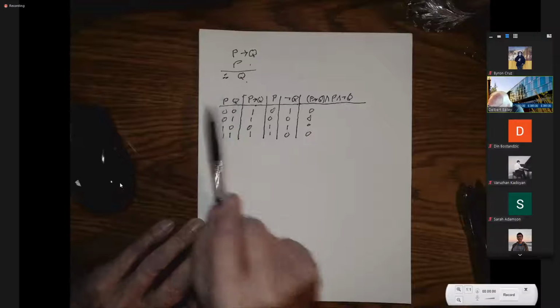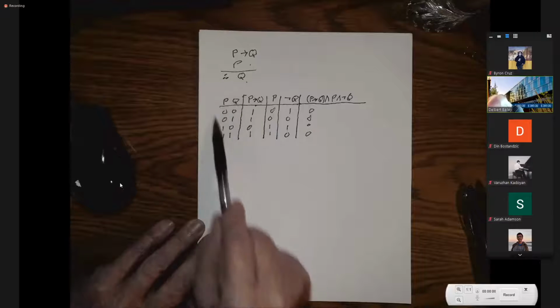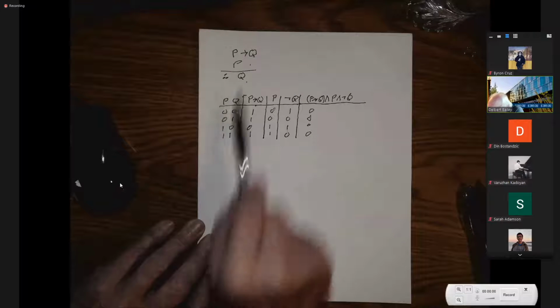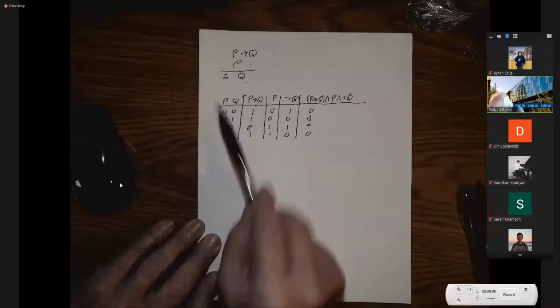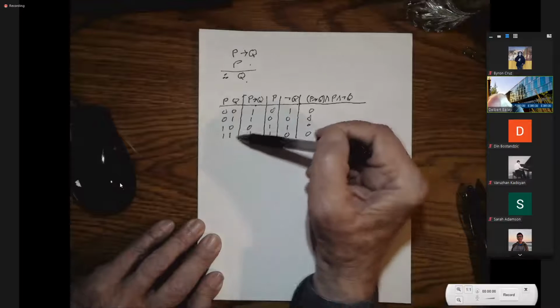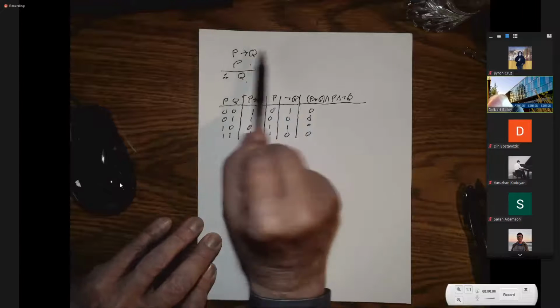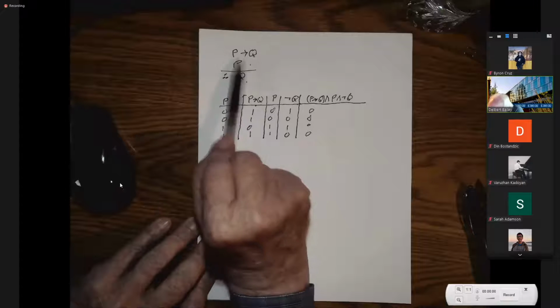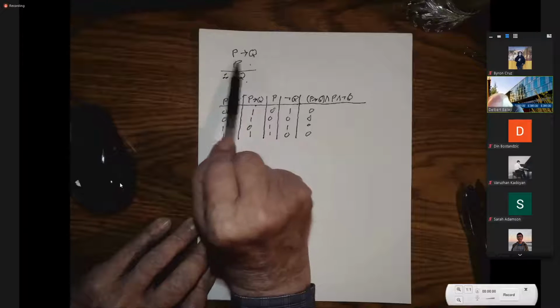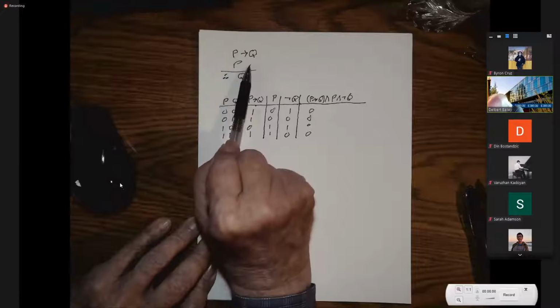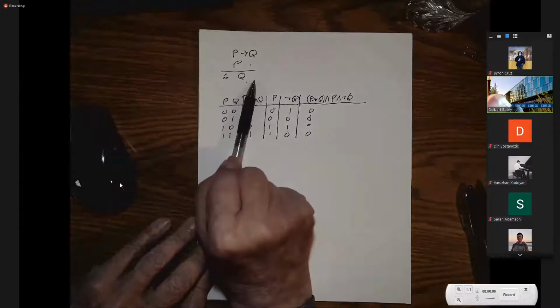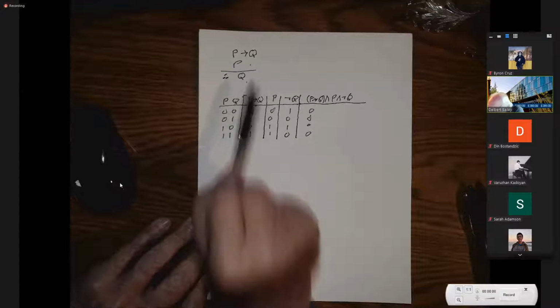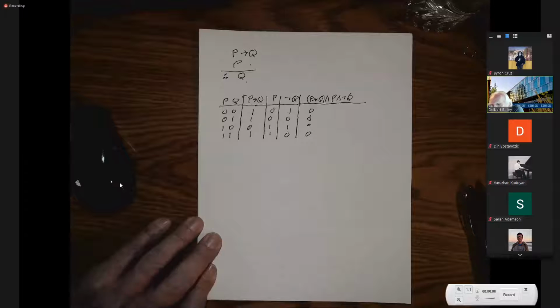In other words, it wouldn't matter what the truth values are for the variables if it's the case that regardless of what those truth values are, the conjunction, in other words, saying all of the premises are true and the conclusion is not true, is false in every possible state of the universe.